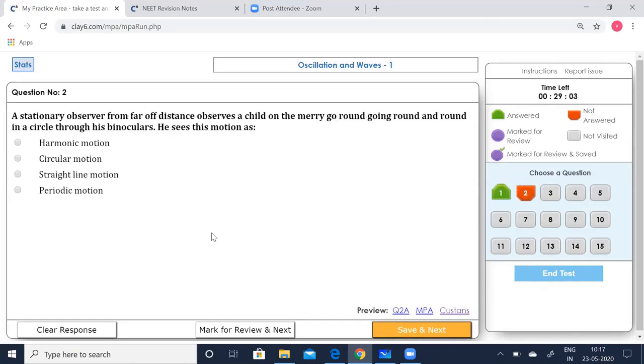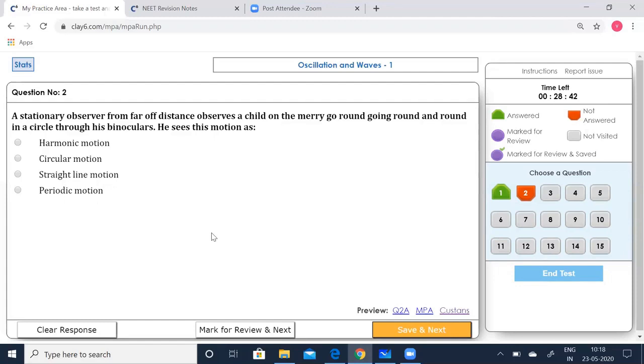A stationary observer from far off distance observes a child on the merry-go-round going round and round in a circle through his binoculars. He sees this motion as harmonic, which can be the correct option. Harmonic motion, circular motion, straight line motion, or periodic motion.